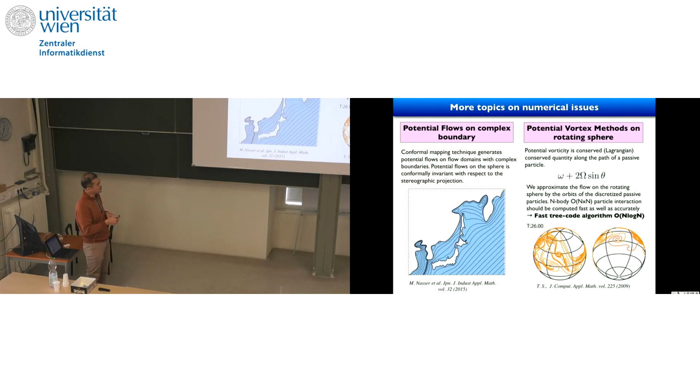But this gives rise to a very large computational cost, which is n squared. This is a numerical obstacle to realizing the point vortex approximation on the sphere. But I have developed a fast tree-code algorithm which can compute these point vortex interactions with n log n computational complexity.